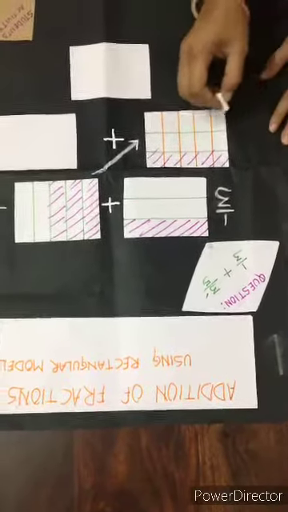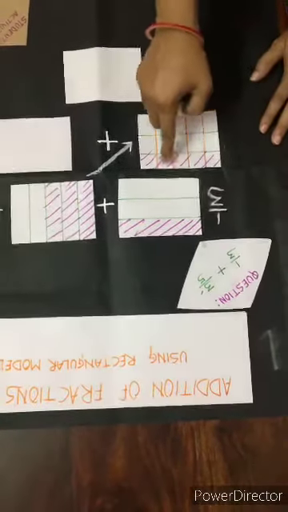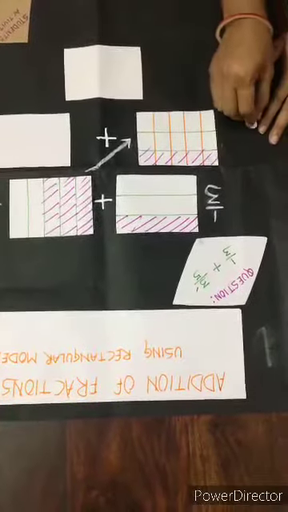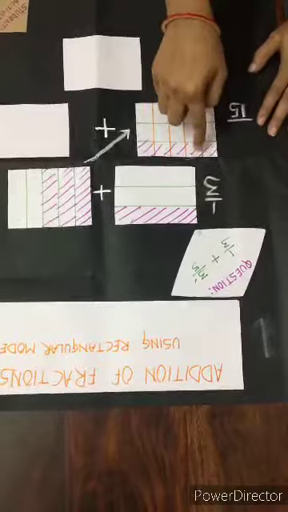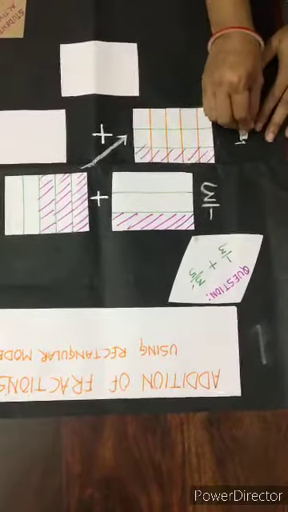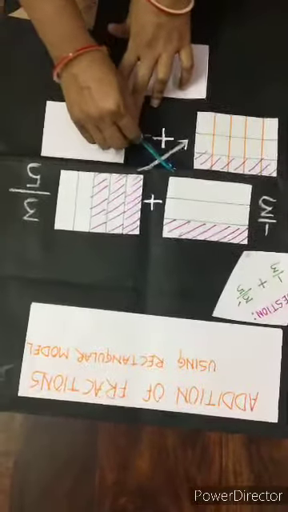Now, can any one of you tell me what is the shaded portion? How many total parts? 1, 2, 3, 4, 5. 5 into 3 is 15. So the total part is 15. And how many parts are shaded? 5 parts are shaded. Similarly, bringing the first figure to the second.